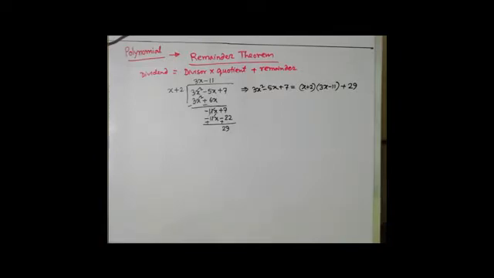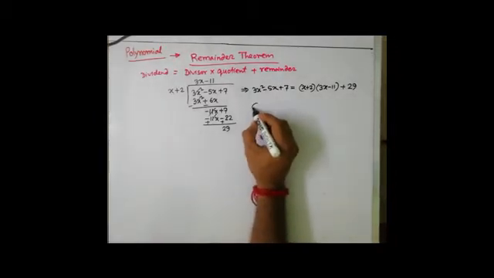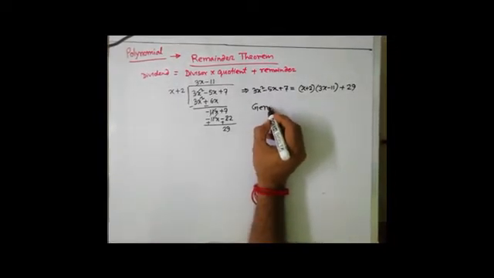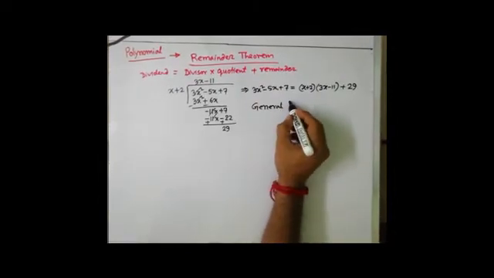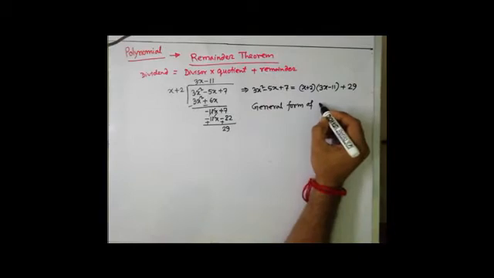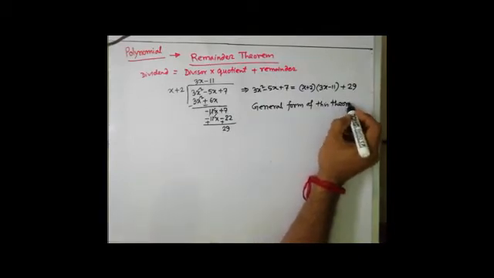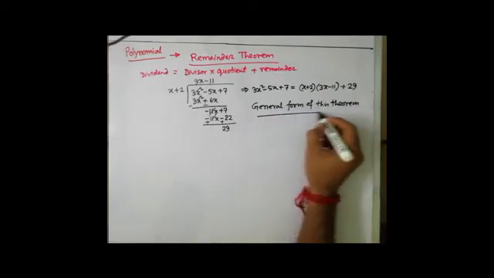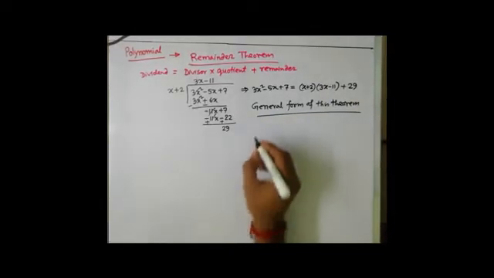So suppose for any kind of polynomial, if we write the general form of this theorem, it will look like this.